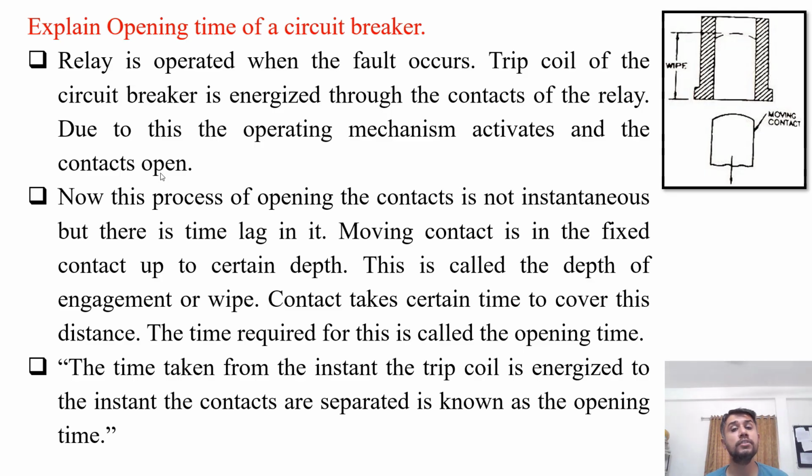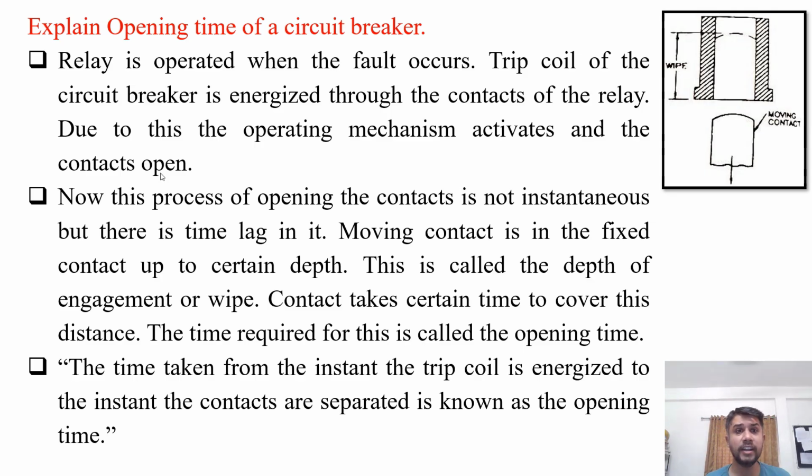Now this process of opening the contacts is not instantaneous, but there is a time lag in it, because moving contacts are fixed in the fixed contacts up to a certain depth. This is called the depth of engagement or wipe. Contacts take a certain time to cover this distance. The time required for this is called the opening time.